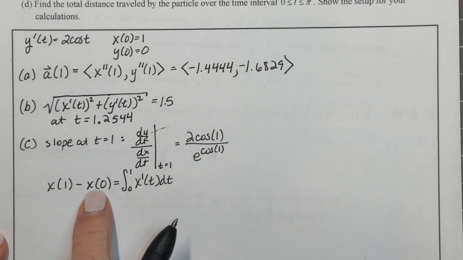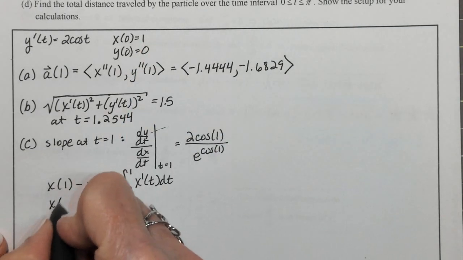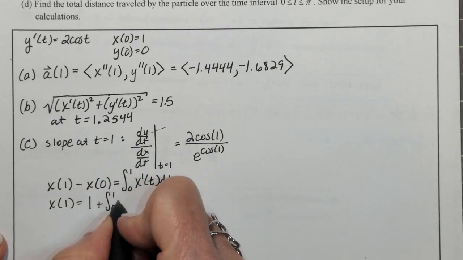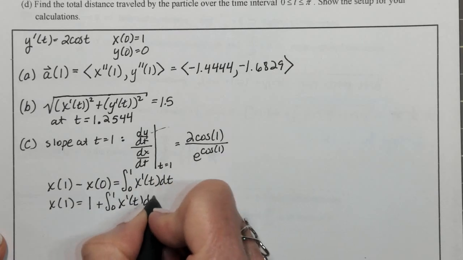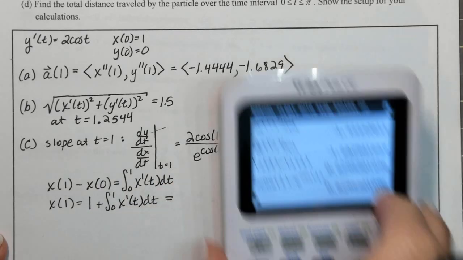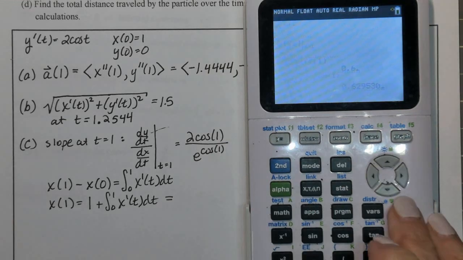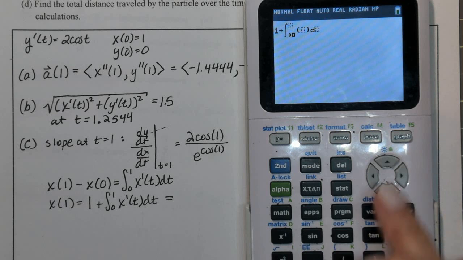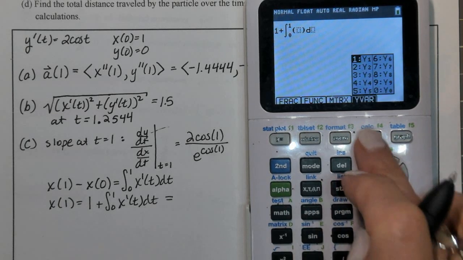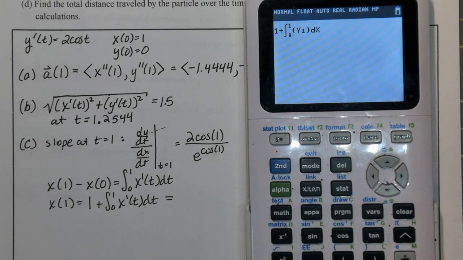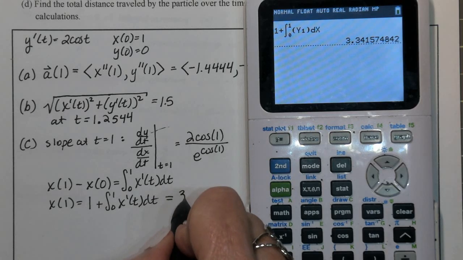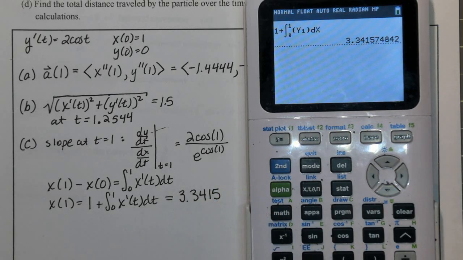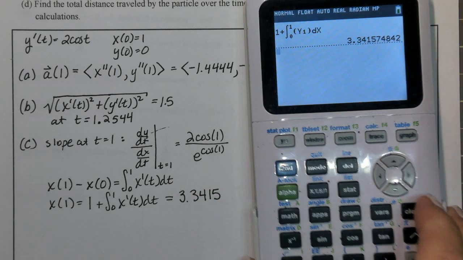We know x at time 0 is 1, so move that to the other side. And I'm going to let my calculator do the rest. Okay, 1 plus math 9, 0 to 1, and x prime is stored into my y1. And that is the x-coordinate at time 1.